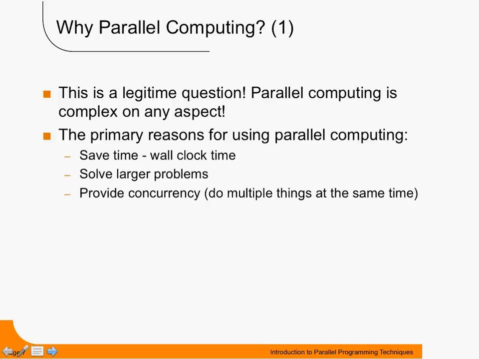Another is to solve large problems. If you have a very big matrix computation, let's say a 10 million by 10 million matrix, then you can use parallel computing and solve the problem. Another important thing is providing concurrency. If you work on multiple problems, you can work on them at the same time and get the results.